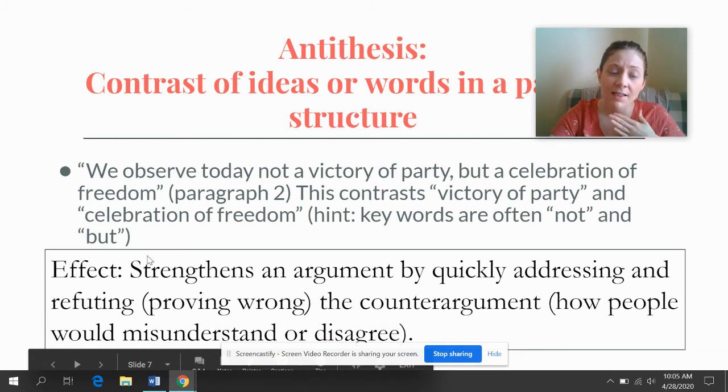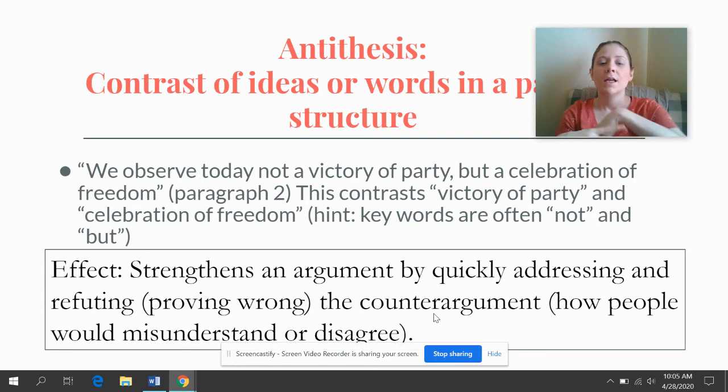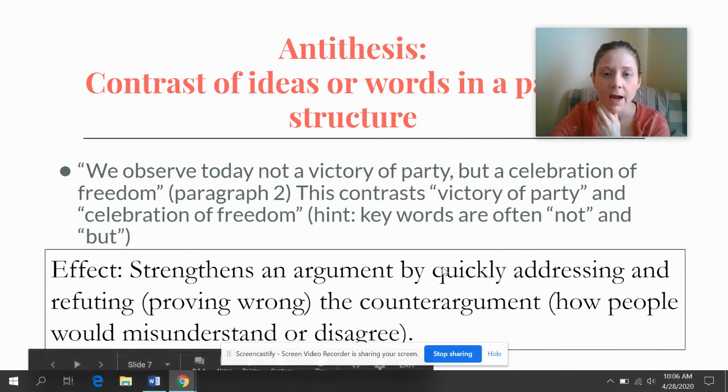Antithesis strengthens an argument by quickly addressing and refuting, which is proving wrong, the counter-argument, how people would misunderstand or disagree. So an antithesis addresses the argument and the counter-argument, both back to back. It is incredibly effective, and he uses it a lot. So you're going to have to find some examples of that.